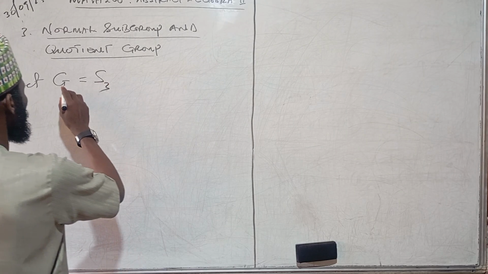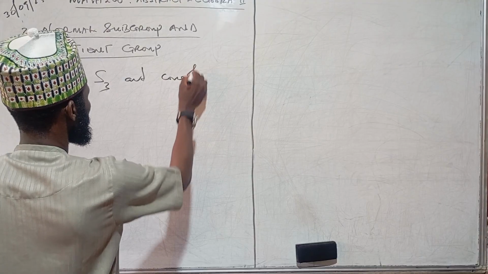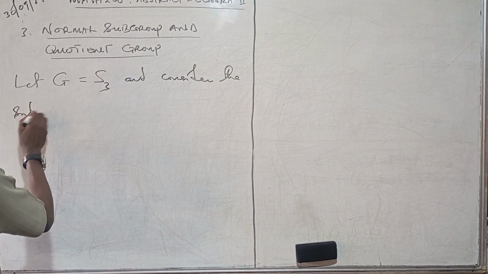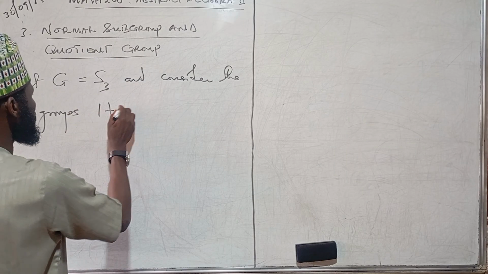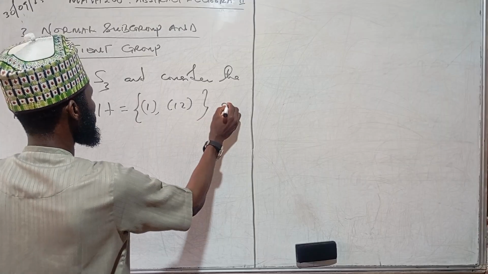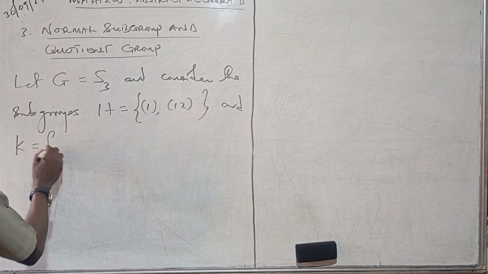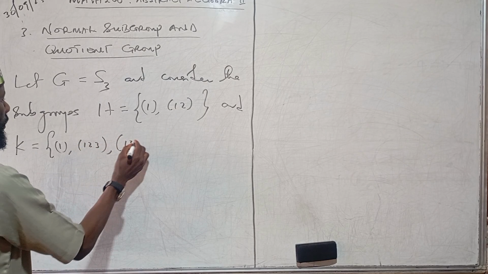So if you take the group S3 and consider the subgroups H, we have looked at this subgroup before, and K, which is a subgroup {1, (1 2 3), (1 3 2)}.